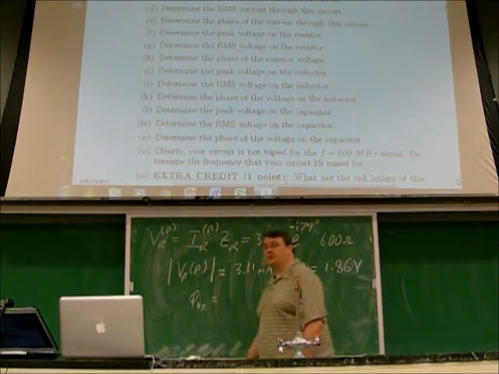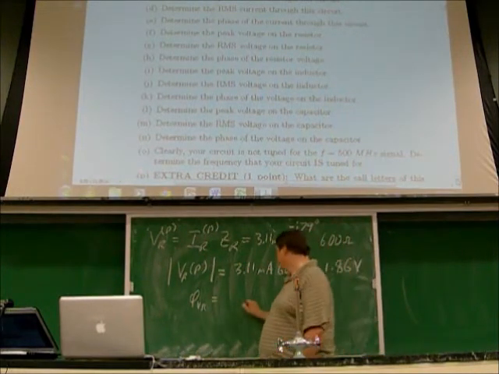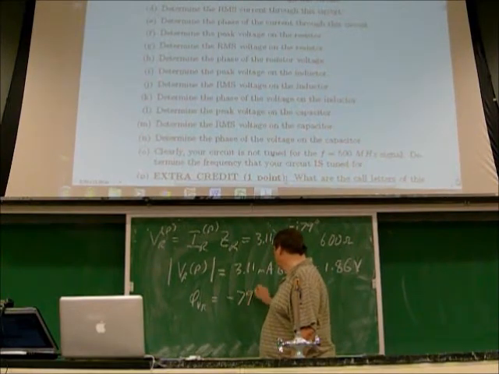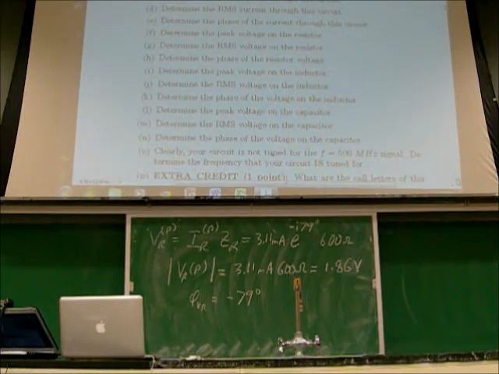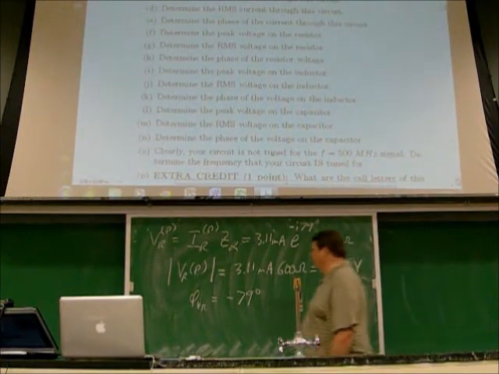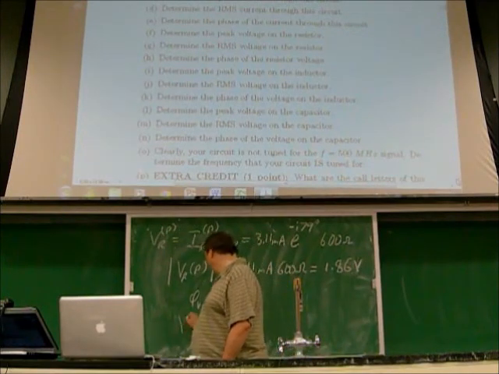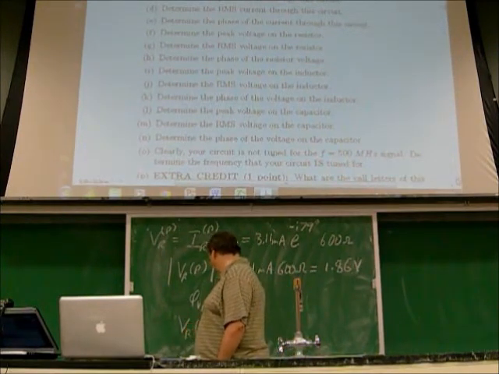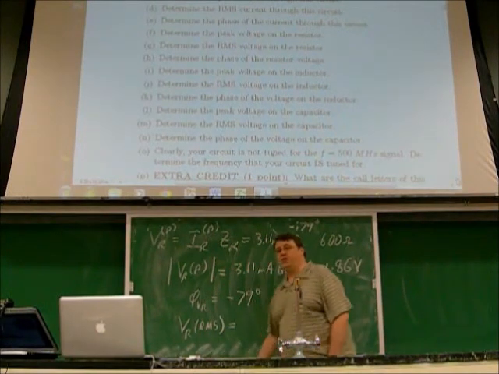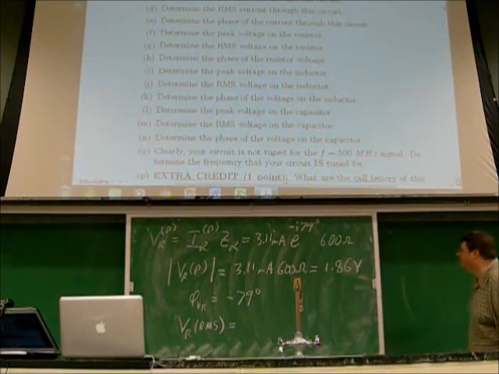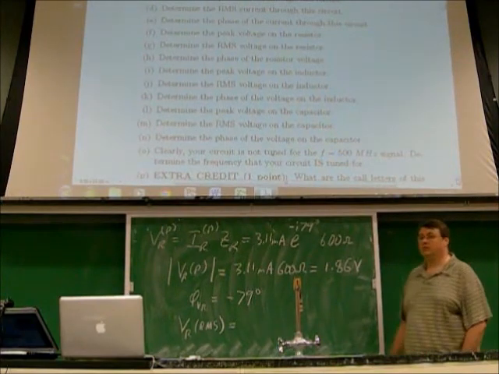Phase of the voltage on the resistor is? And what is the RMS voltage on the resistor? 1.36.